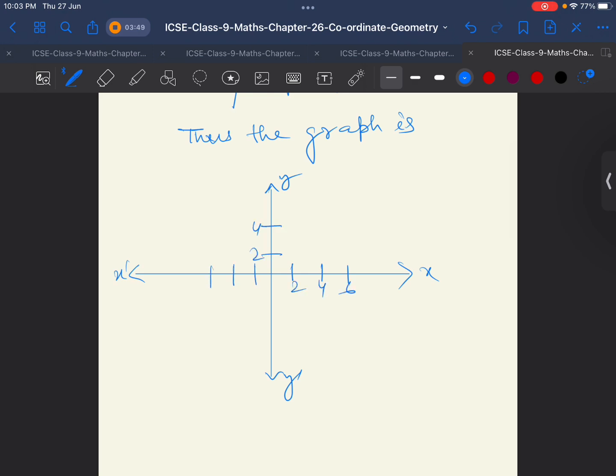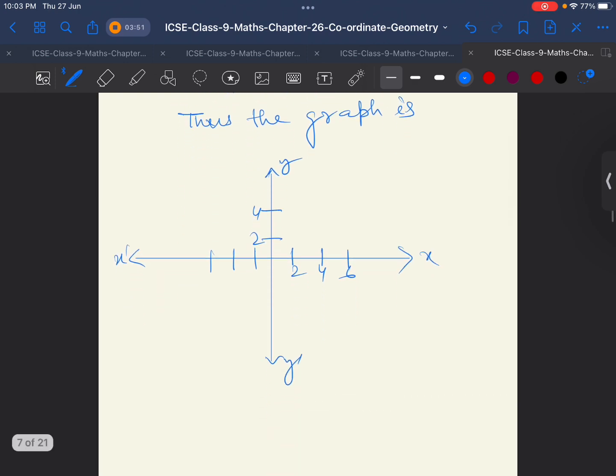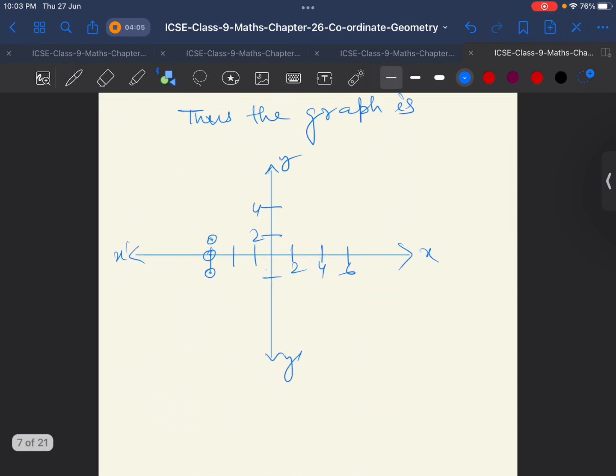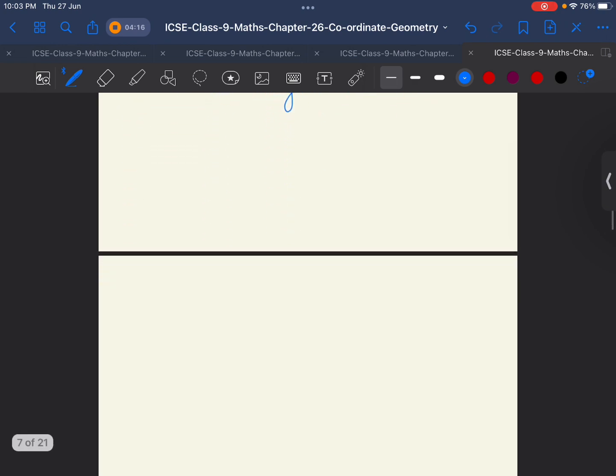So the point (-3, 1) will be here, (-3, 0), and this is (-3, -1). Then we draw the straight line x plus 3 equals 0. This is the straight line.